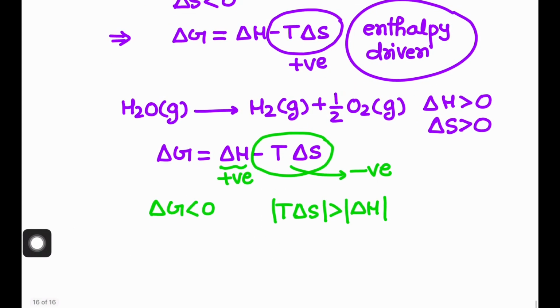So we can make T delta S greater than delta H, and delta G negative, by increasing the temperature.